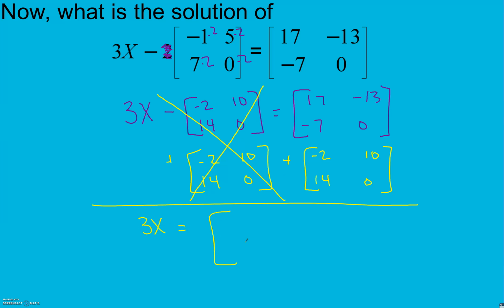Now, I take 17 plus negative 2. I take negative 13 plus 10. I take negative 7 plus 14. And I take 0 plus 0.